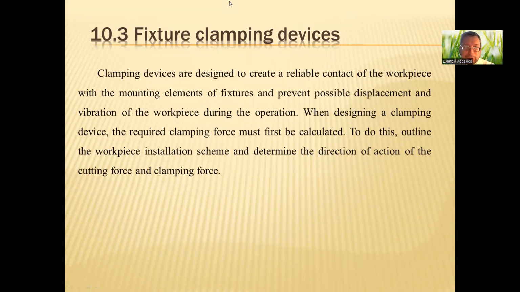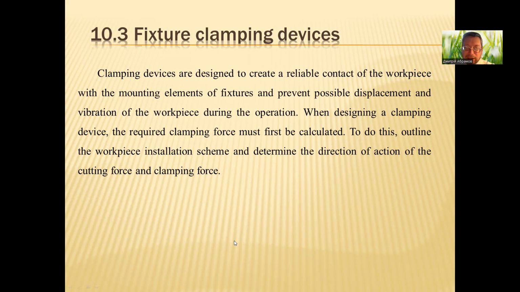We go back to our presentation and we start item 10.3, fixture clamping devices. Clamping devices are designed to create a reliable contact of the workpiece with the mounting elements of fixtures and prevent possible displacement and vibration of the workpiece during the operation.